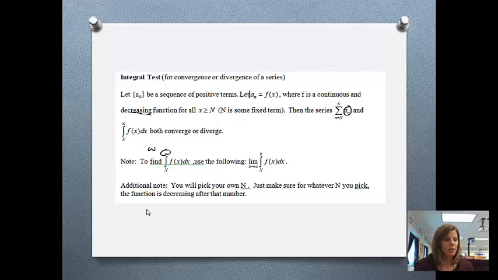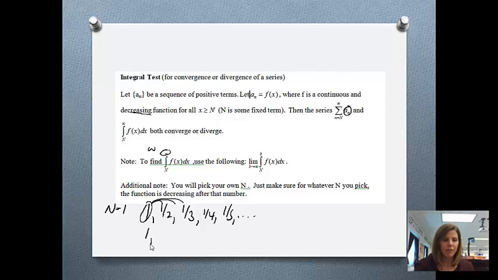All right, so as an example, if I had the sequence 1, 1/2, 1/3, 1/4, 1/5, and it kept going, notice after the first term, everything is decreasing already. So I could just start with the first term and go on through. So when I went to do this, I would go for the integral from 1 to infinity.